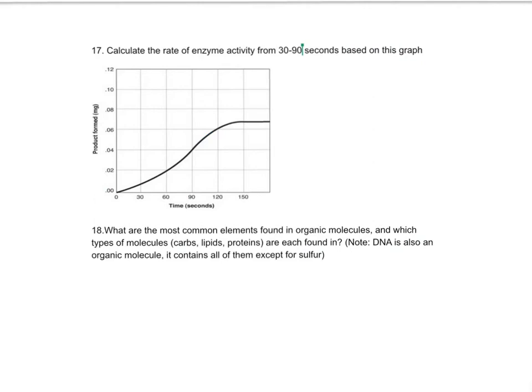We can calculate the rate of enzyme activity based on a graph of product formed over time. And so when we're trying to find a rate, what that's really asking us to do with a graph or data table is to find the slope. So I need to figure out what my points are from 30 to 90 seconds.